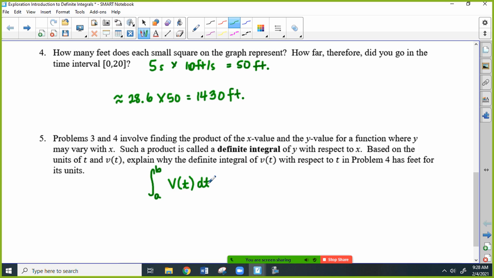Y is the answer in feet. So this is my velocity, and this represents time. Why do my units end up being feet?